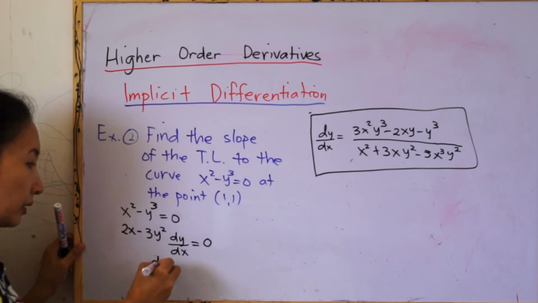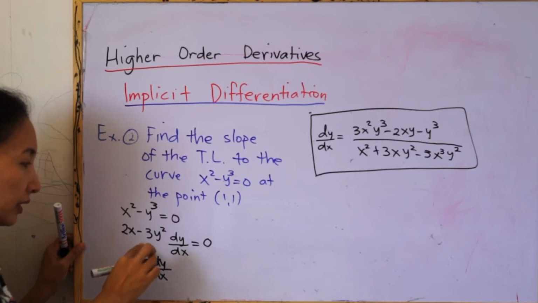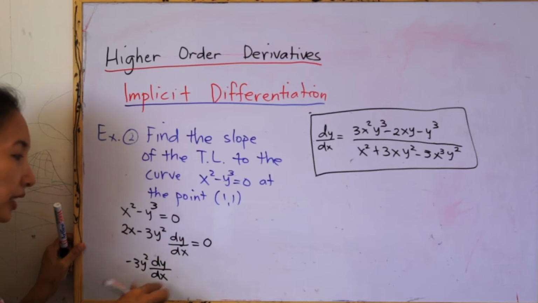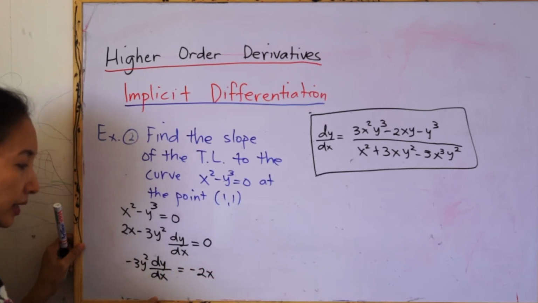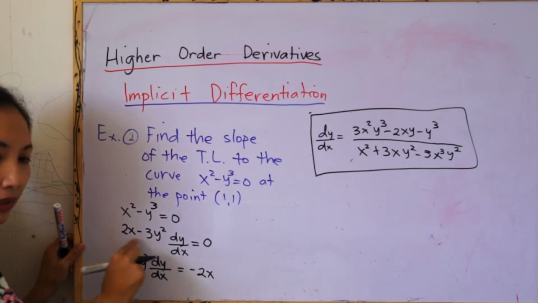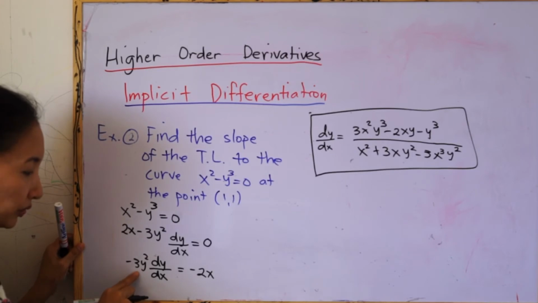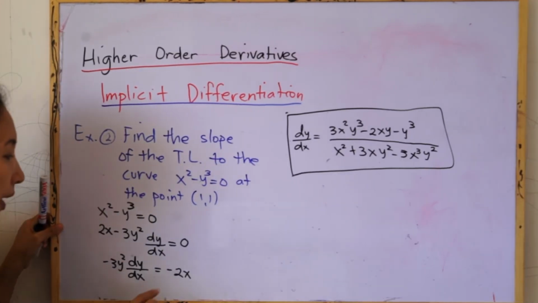Negative 3y squared dy over dx is equal to negative 2x. Then we get rid of this by multiplying the whole equation by 1 over negative 3y squared.